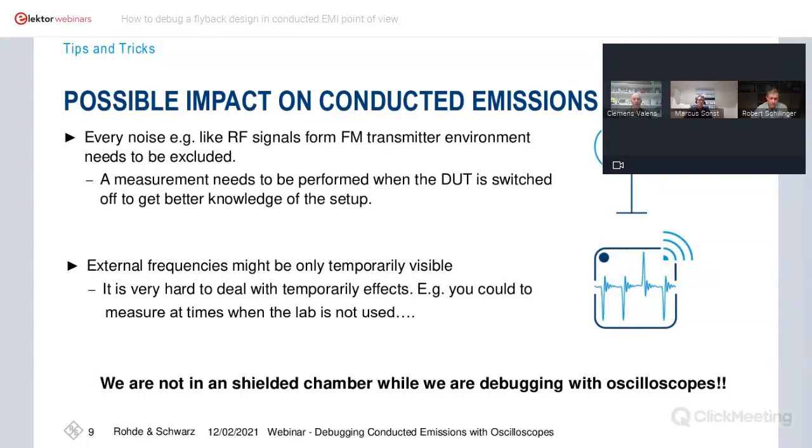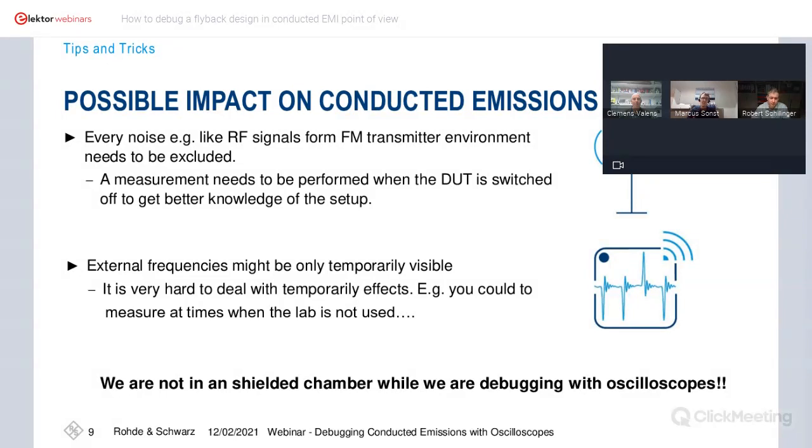So now we are coming to the tips and tricks section, I think very important. There are possible impacts which can influence your measurements, especially when you are performing those measurements in your lab. Typically, we still have FM transmitters for radio, for example, and those are everywhere. It could really happen that you create a setup where you have some antenna due to the cabling, where you really receive these kinds of magnitudes.